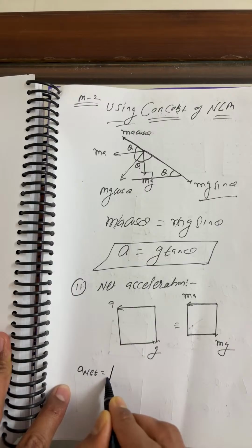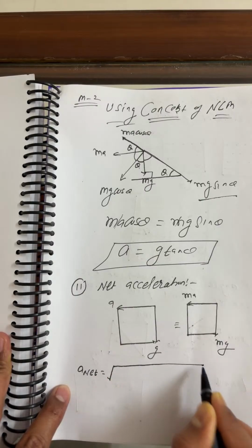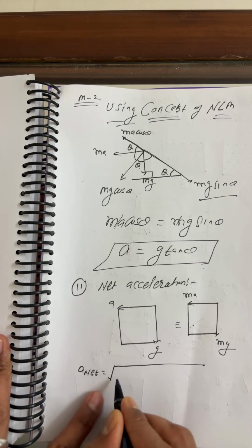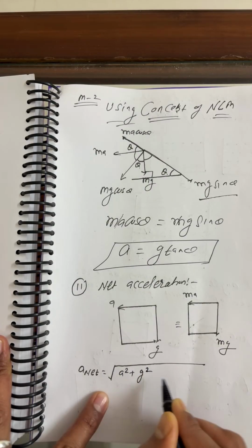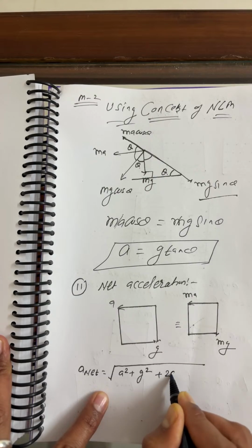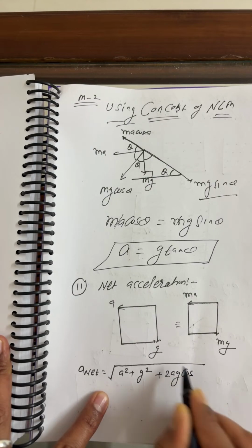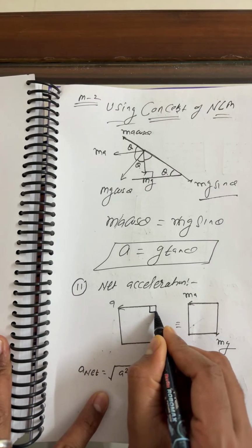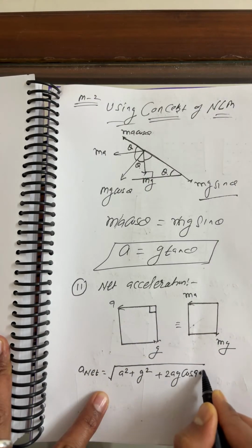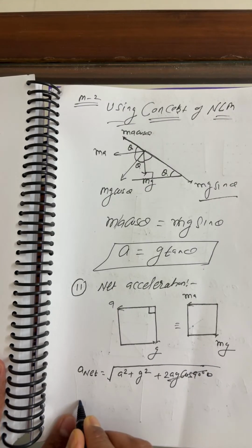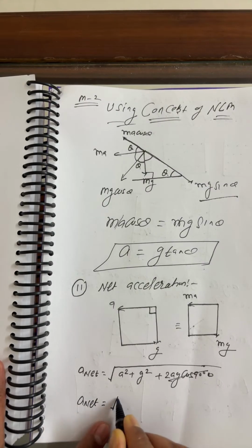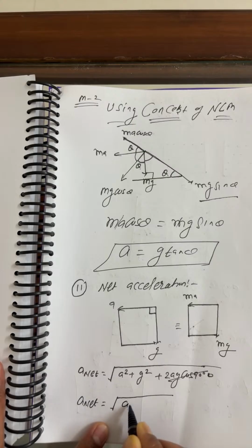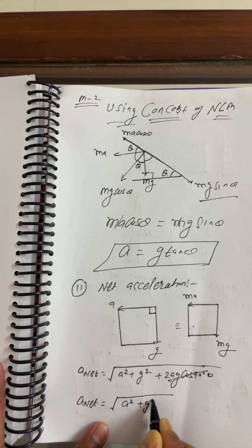If you wish to find the summation of two vectors, you have to apply the formula: a square plus g square plus 2ag cos of the angle. What's the angle? This is 90 degrees, so cos 90 is 0. So the net acceleration is square root of a square plus g square.